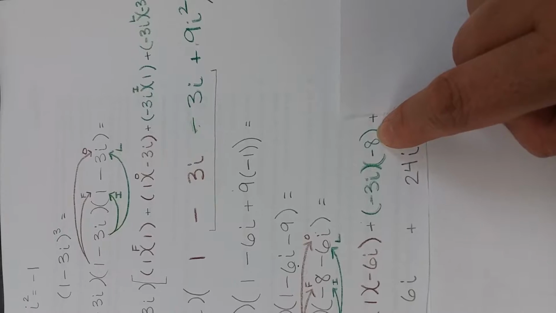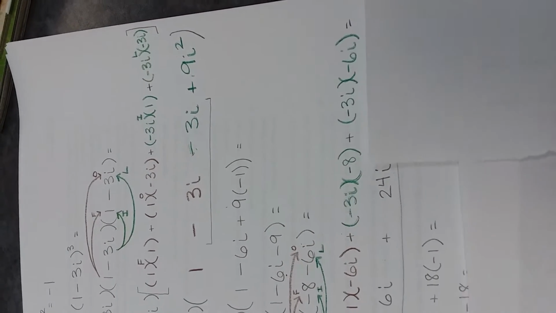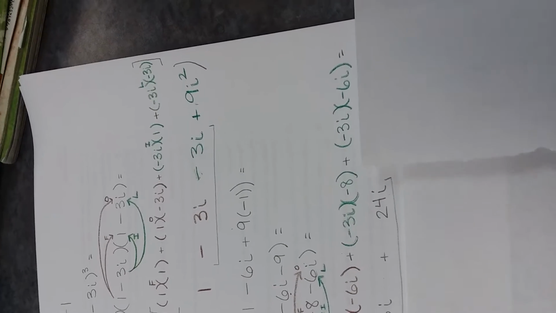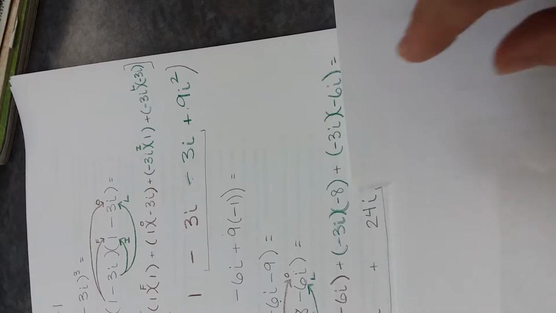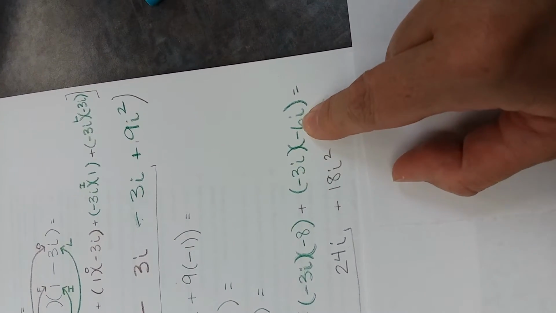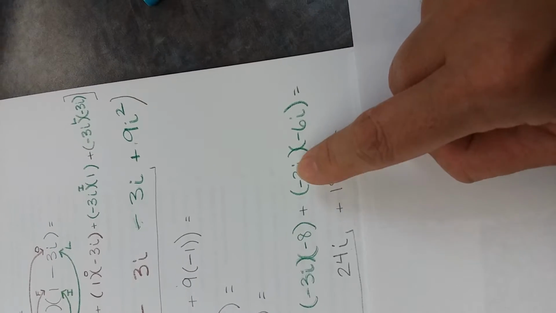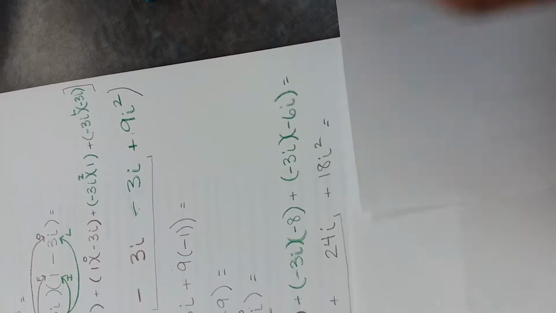And this doesn't have an i, and this does, so I just bring it down. And then negative 3i times negative 6i is positive 18i squared. A negative times a negative is a positive, 3 times 6 is 18, and i times i is i squared.